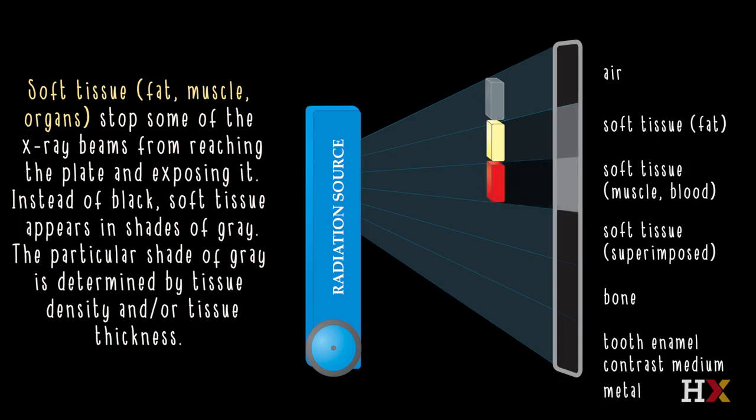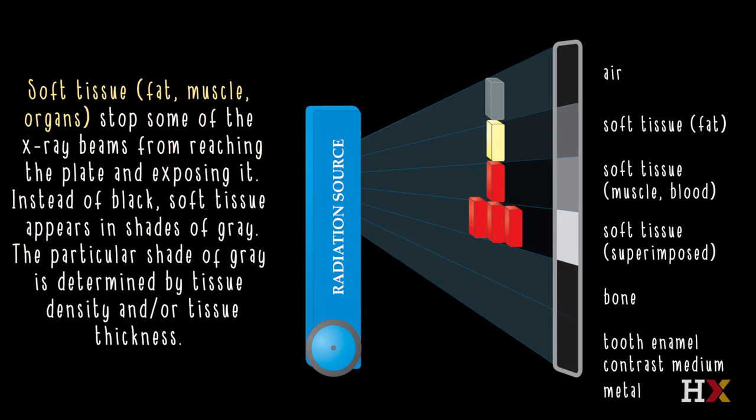Soft tissues like muscle and organs will absorb slightly more of the beams, and so the underlying plate will be less exposed. If, instead of being very dense, we have a thicker block of tissue, as we did in some of the radiographs that we took, then more X-ray beams will be stopped, not because the tissue is denser, but because the tissue is thicker.